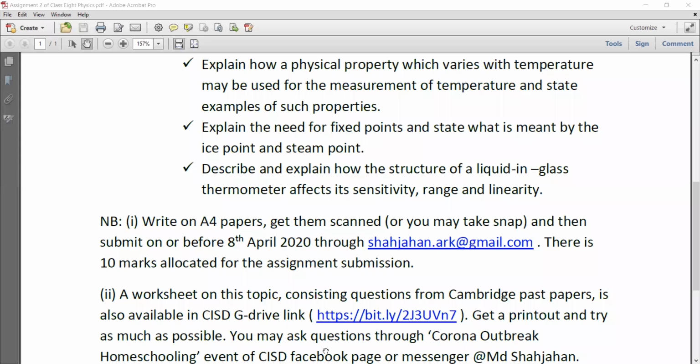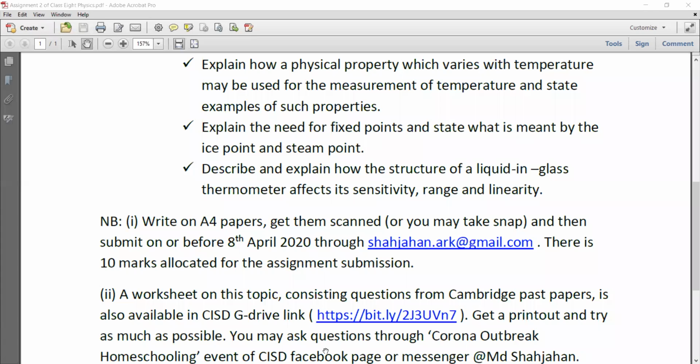Another thing: a thermometer with a smaller range. See below what is called range. The range is the limit. For example, one thermometer has a lower limit of 0 degrees Celsius and an upper limit of 110 degrees Celsius.